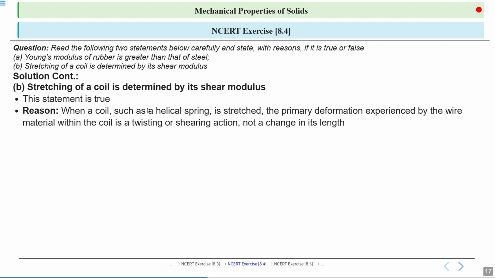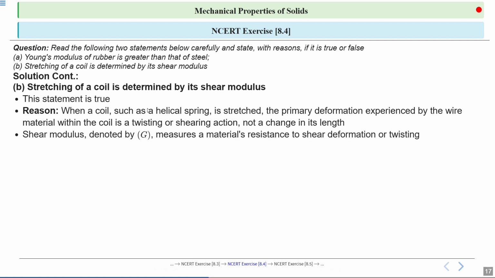Reason: when a coil such as a helical spring is stretched, the primary deformation experienced by the wire material within the coil is a twisting or shearing action, not a change in its length. The shear modulus, which we usually denote as G, tells us how resistant a material is to this kind of twisting or shearing.